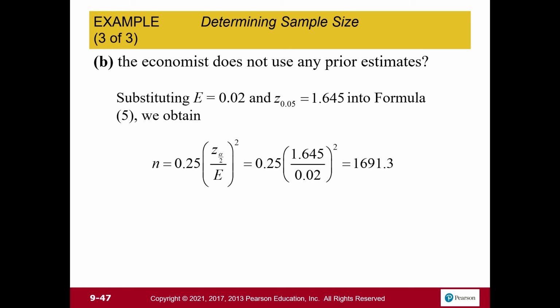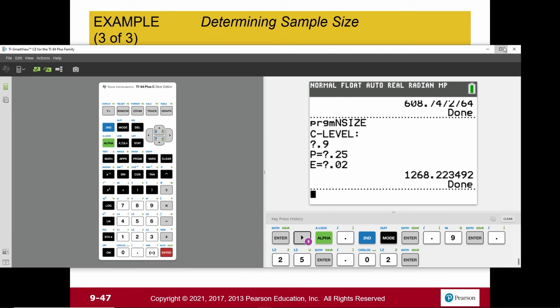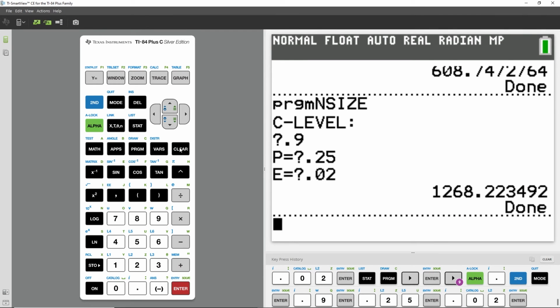Let's see, 1.645. I find that really odd. Oh, no, no, no. Oh, okay, I see the problem. I see the problem. Yeah, we're supposed to put in 0.5 for P.